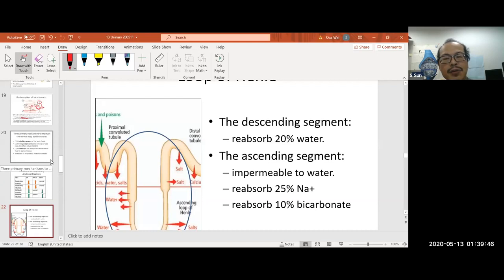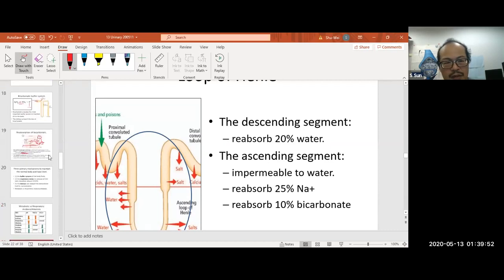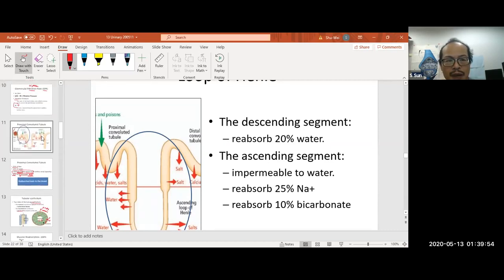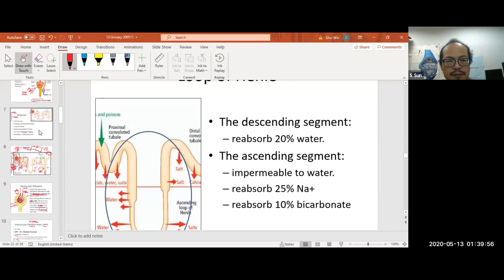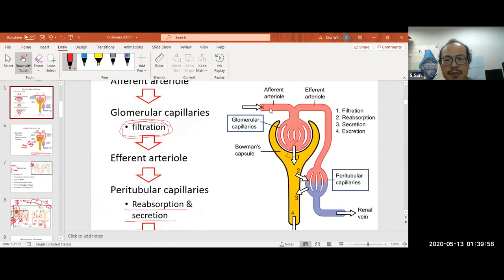We basically went through the structure of the nephron. The structure includes the blood vessel structure. So here is the blood vessel structure: from the afferent to the glomerular capillary to the efferent, peritubular capillary, then the vein.